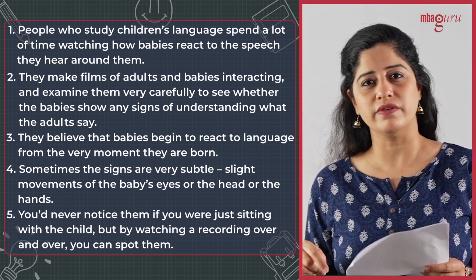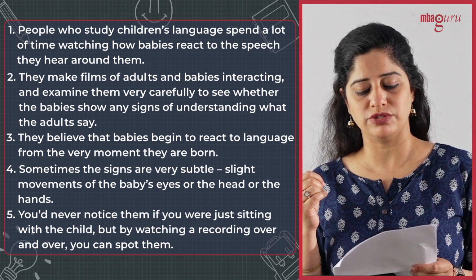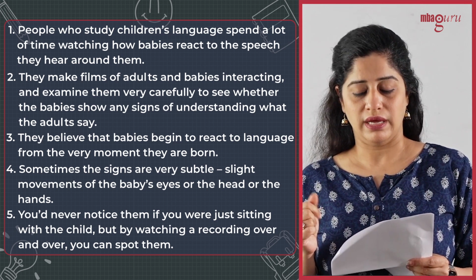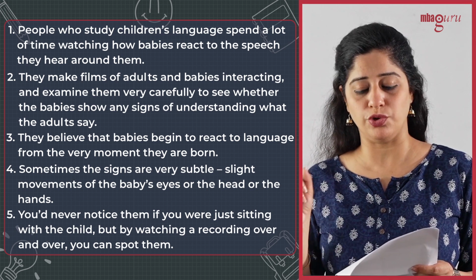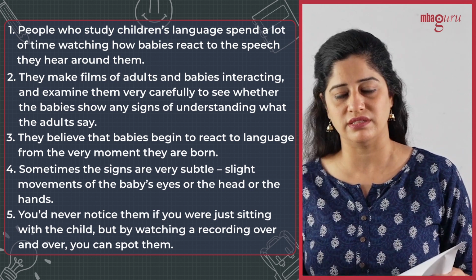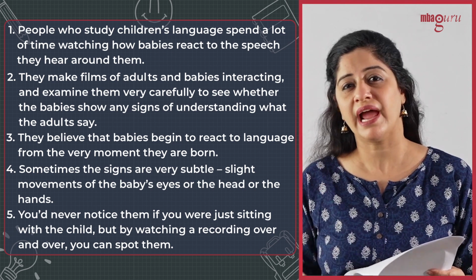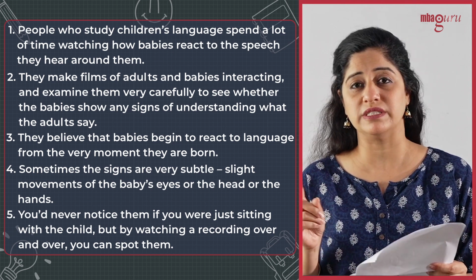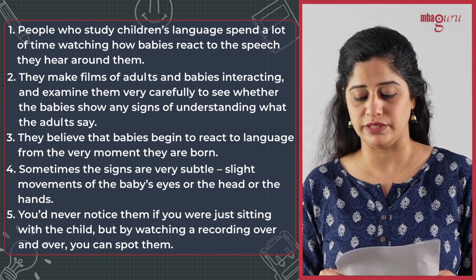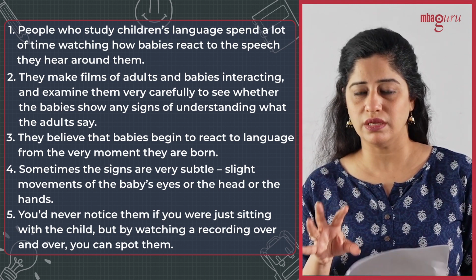What is the central idea of this sentence? Can you think? Is it about children's language or is it about children's reaction? I think it says they begin to react to language. If you notice that part in sentence 3, begin to react to language, this is the baby's reaction. This is not the baby's language, or children's language. So I'll keep sentence 3 on hold for now.